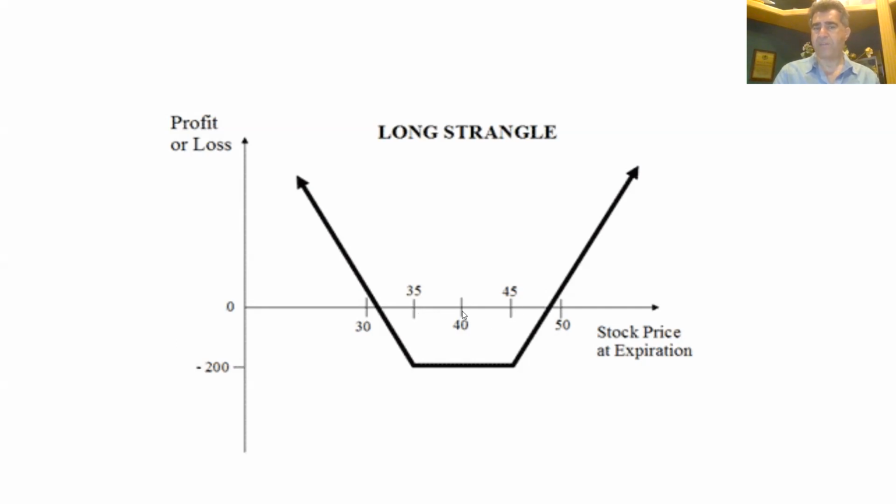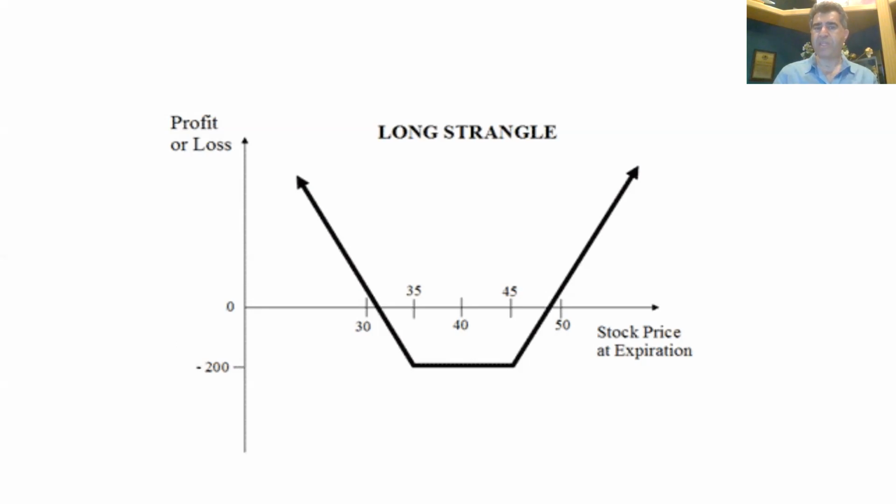So if for $40 at the money it costs me $4, let's say $2 for the call and $2 for the put, a $45 call might cost me 50 cents. And the 35, usually it's a little higher, but let's say it's 50 cents. So the comparison is I'm paying $1 for a similar idea, and on the other hand, for the straddle, we paid $4. So really you're minimizing out of pocket.